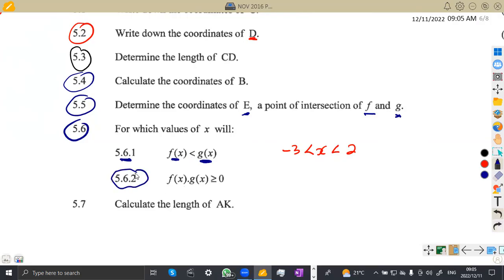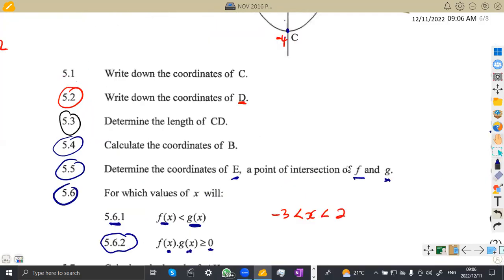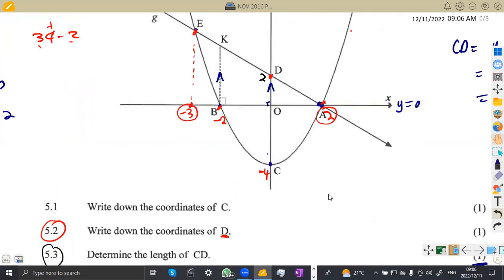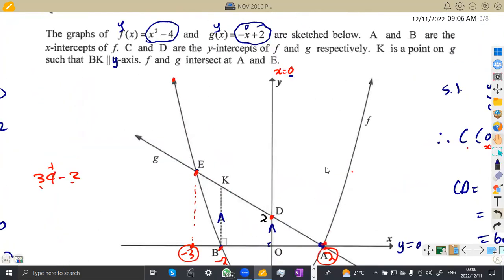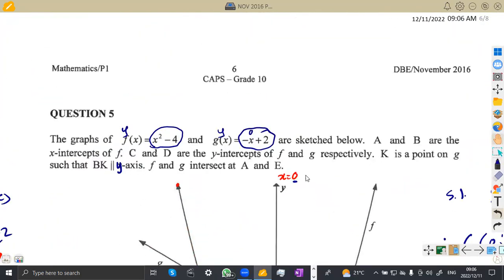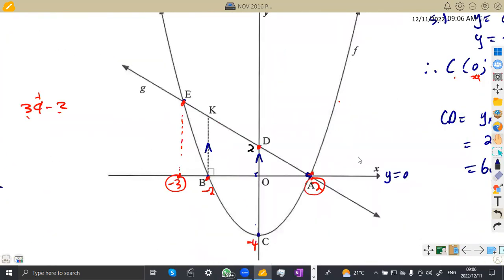On 5.6.2, the values of x for which f of x times g of x is greater than 0. Where do we have f of x times g of x greater than or equal to 0? So this one, we can take our values, guys. We can work them separately because our f of x is there. This is our f of x and our g of x.